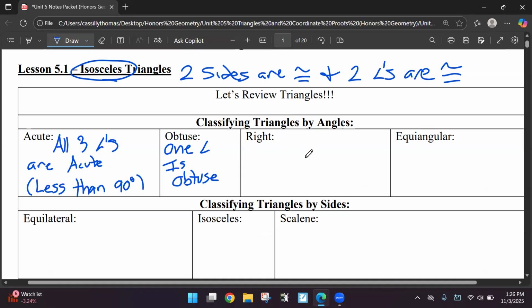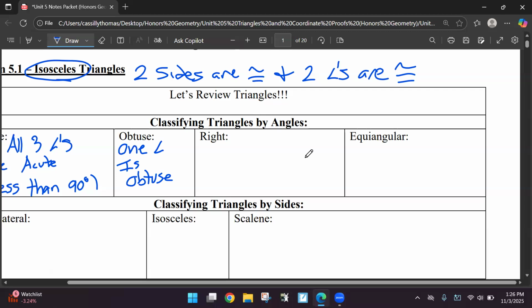If I have a right triangle, that means one angle is exactly 90 degrees. I don't care about the other two angles. I know that the other two angles are complementary. I just know at least one of those angles is a 90-degree angle.